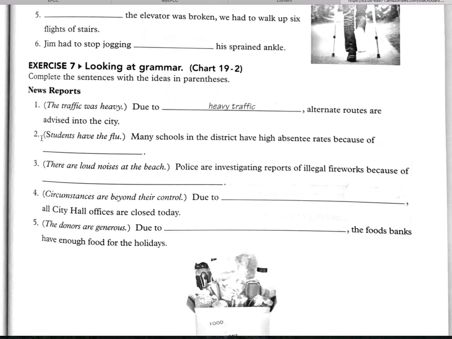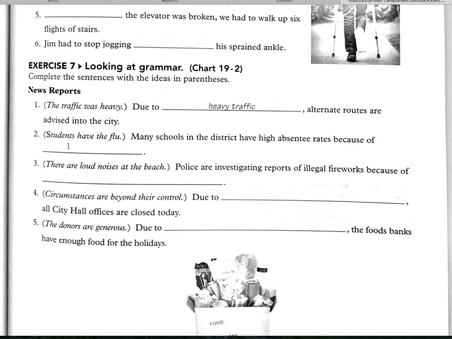Okay? Let's do number 2 together. Students have the flu. Many schools in the district have high absentee rates because of, so here we have because of, and now we're going to follow it with a noun object. So we have to form a noun object with the information in parentheses.